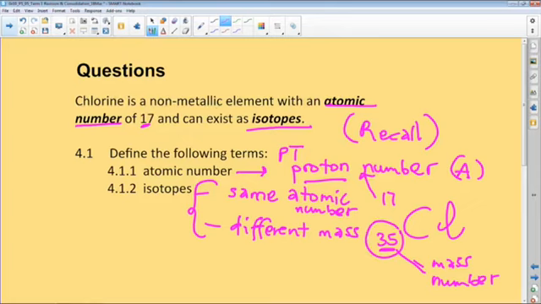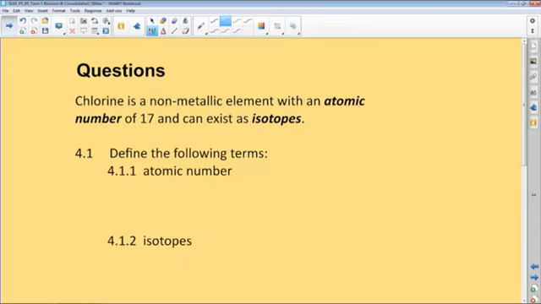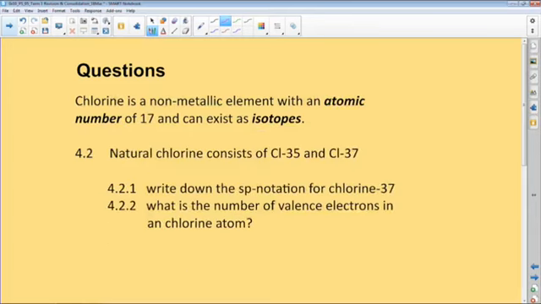Okay, let's quickly look at why this happens and talk about that in particular. The next question is of particular interest about chlorine. Remember atomic number of 17, right, which is the same in both isotopes, which exist as isotopes. We've quickly described what an isotope is not so long ago.